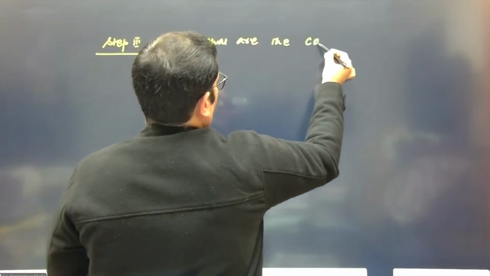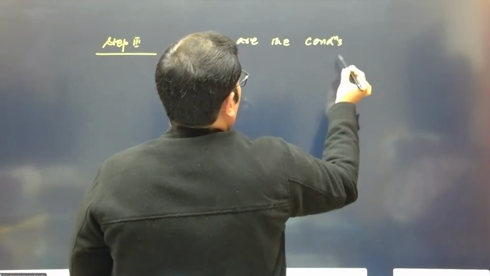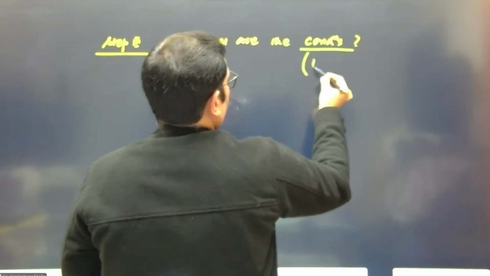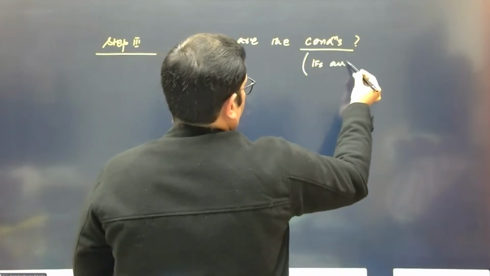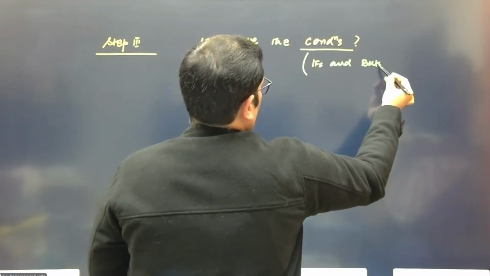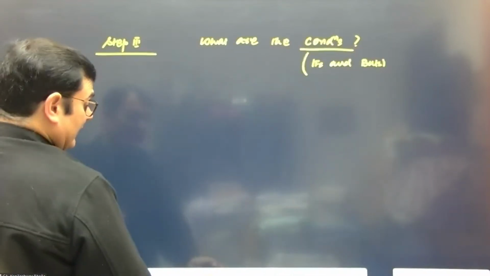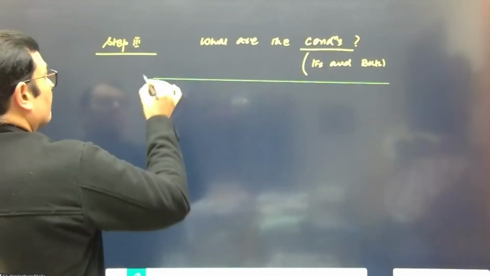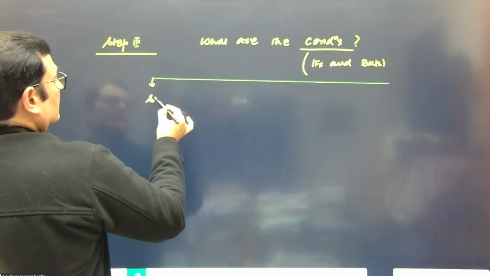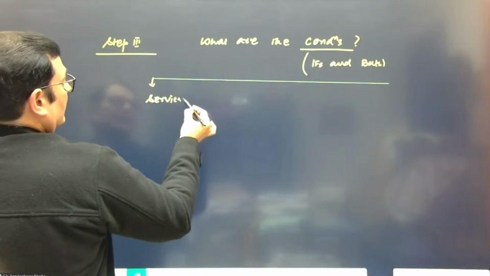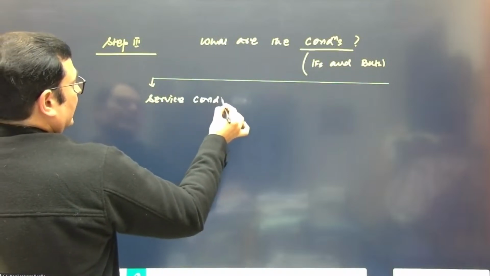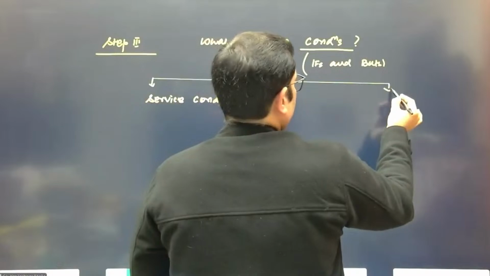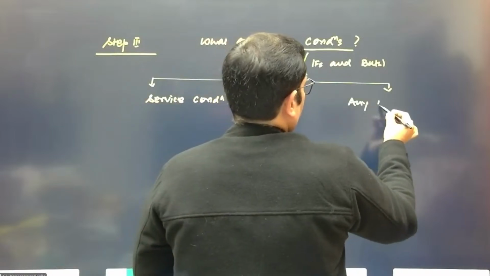Let's analyze what are these ifs and buts. And you would see the ifs and buts are of 2 types. Either there is a service condition attached, or we can say it is any other condition.